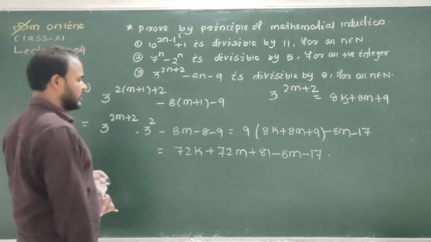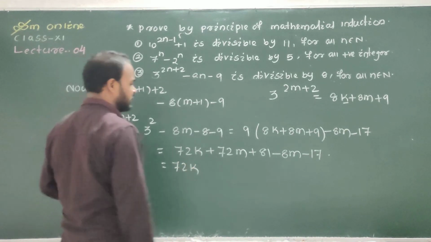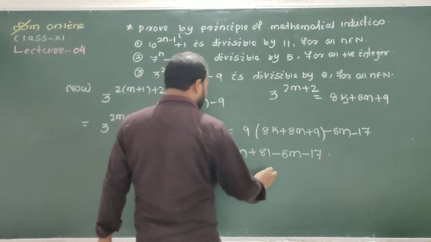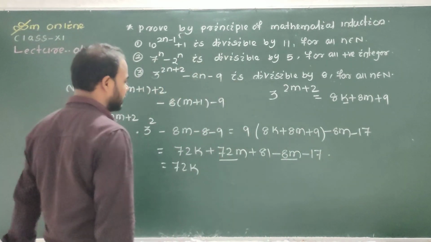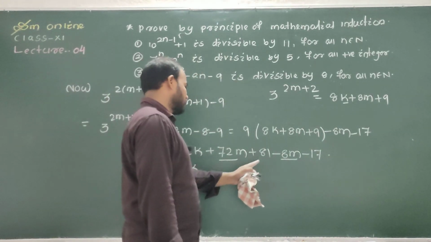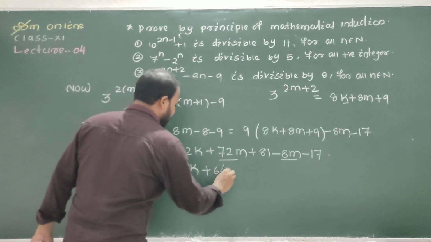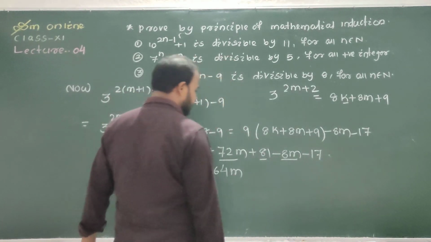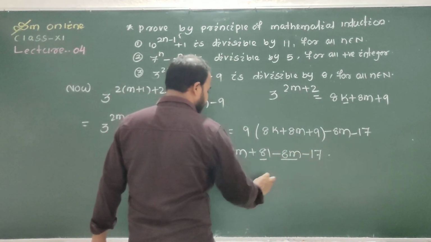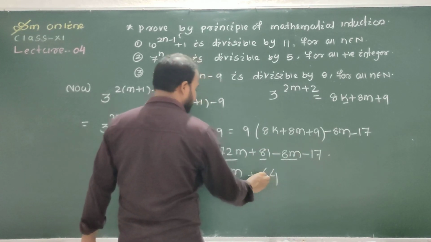Now 72k, then 72m minus 8m is 64m. And 81 minus 17 is 64.